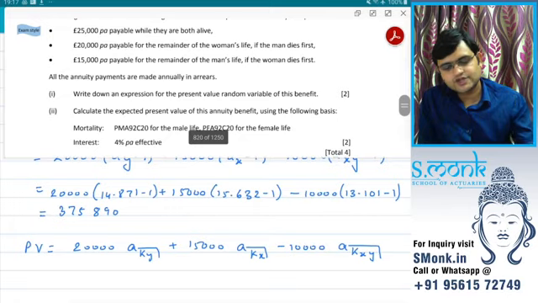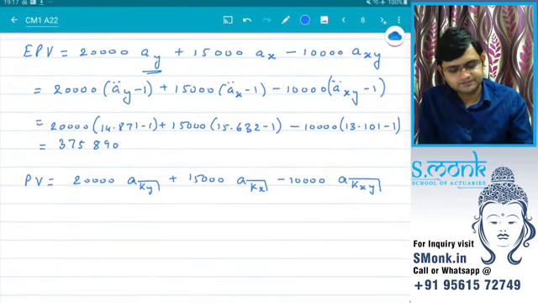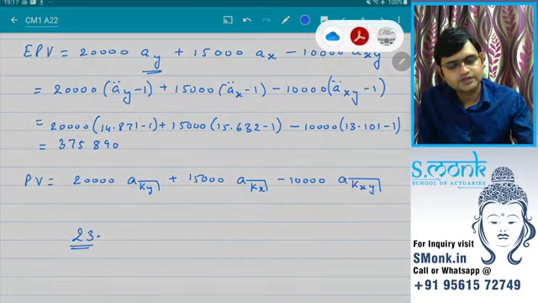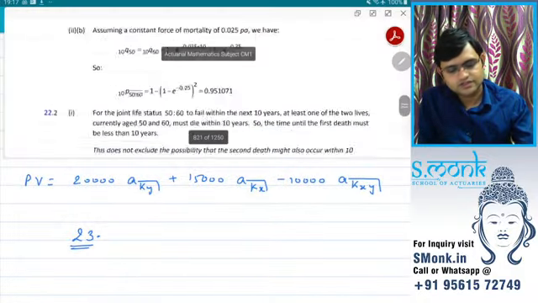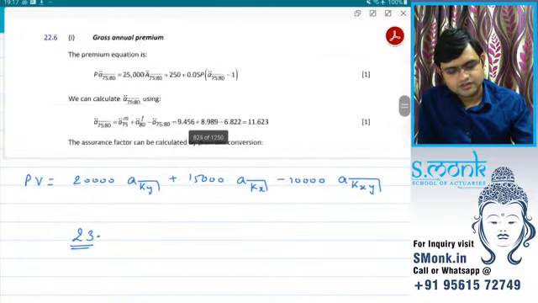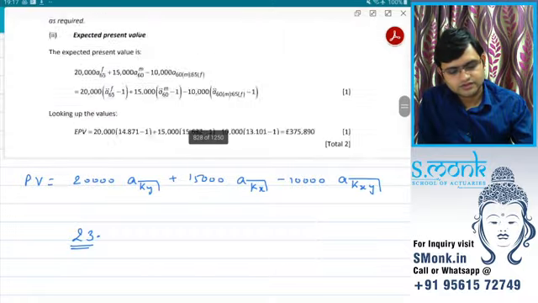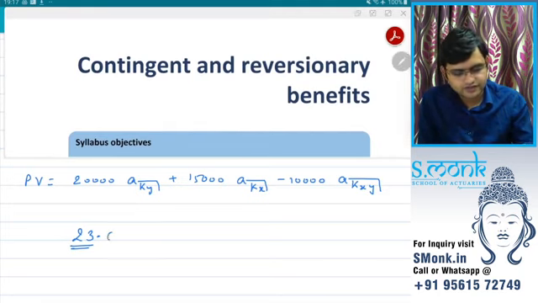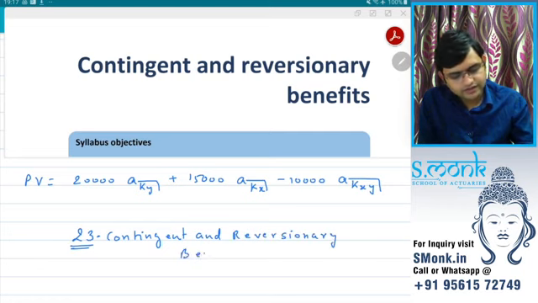Okay. The next chapter, that is our chapter 23, is continuation of this joint life. Chapter 23 is named, I think, contingent and reversionary benefit.